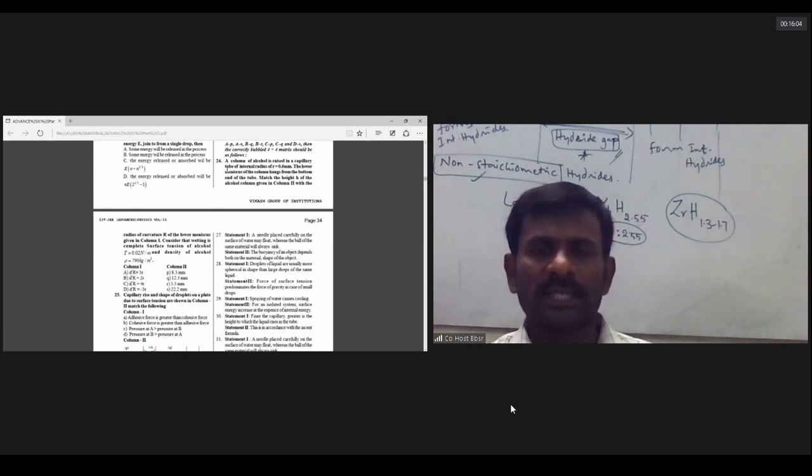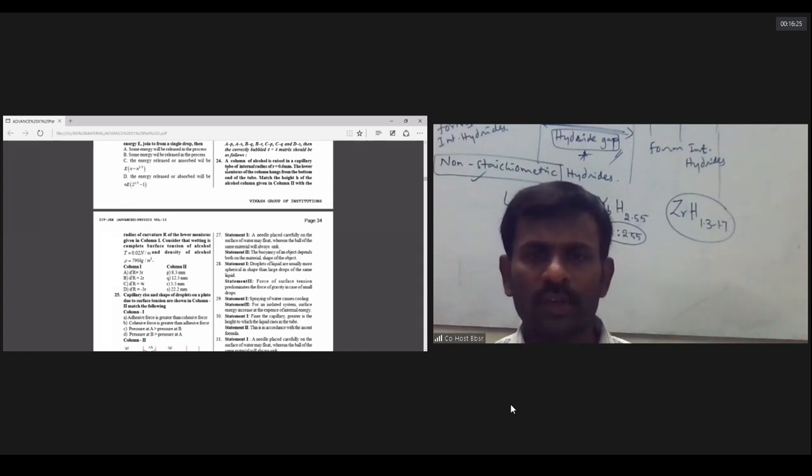Just try to understand the question here. So we have two types of radius here. What are they? Internal and external.